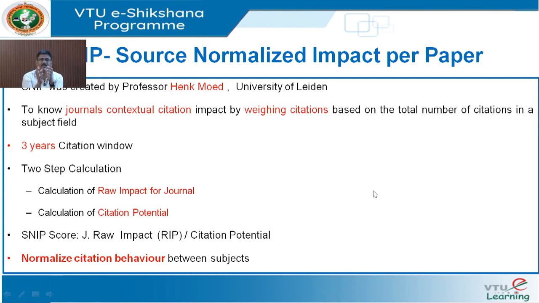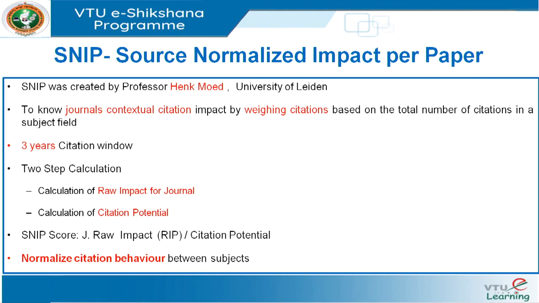Now this CiteScore will give the quality of the journal. It mainly depends on the subject basis, right? Say you have an institution with a chemistry department, a physics department, a mathematics department, and an aerospace department.